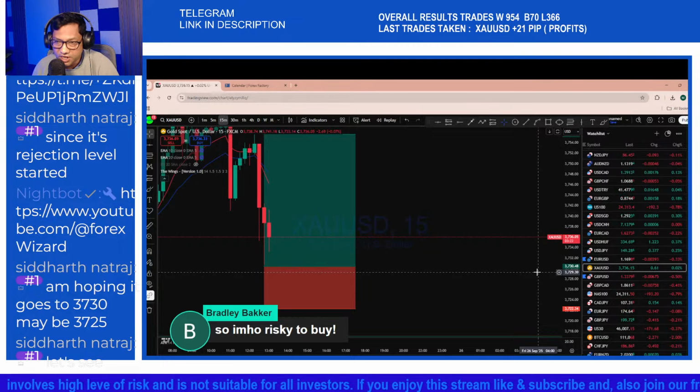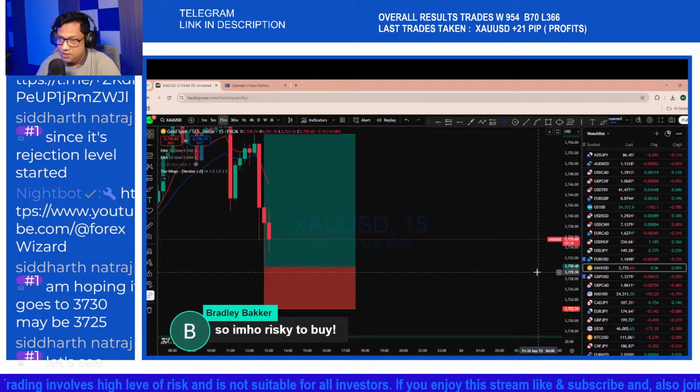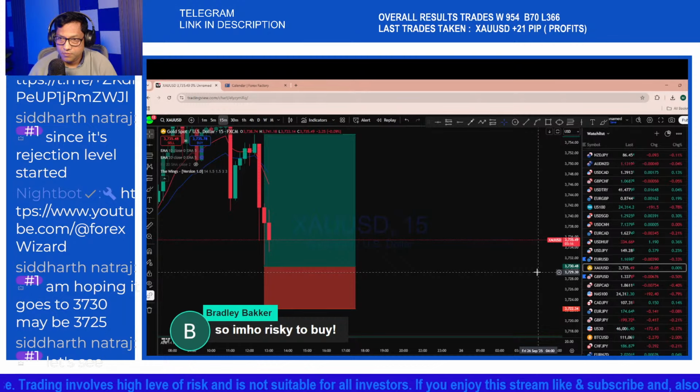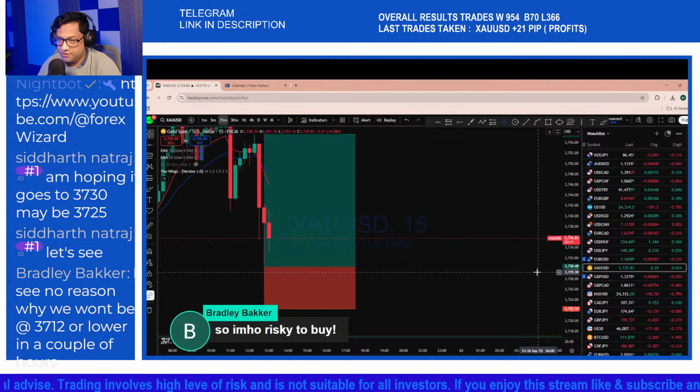The 15 minutes market structure that's showing up to be here in that area, bearish, and expecting it to break that low.